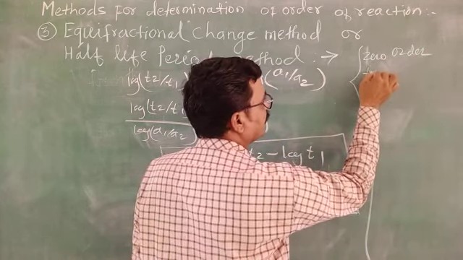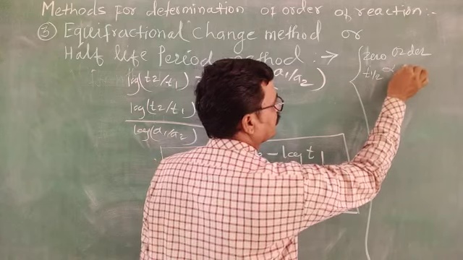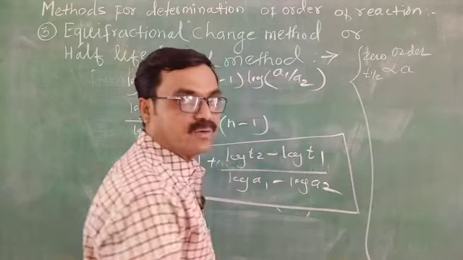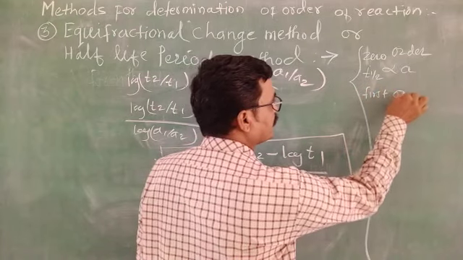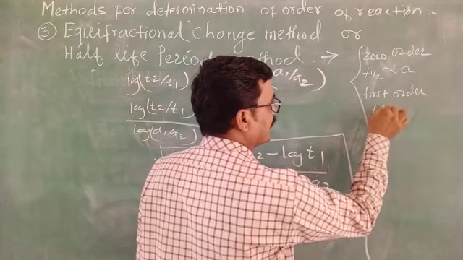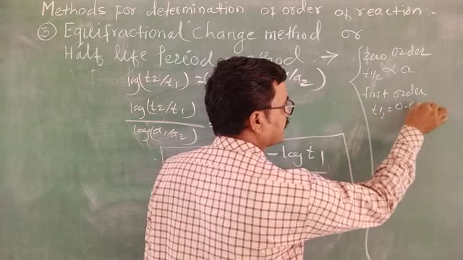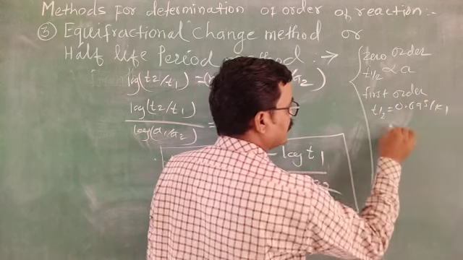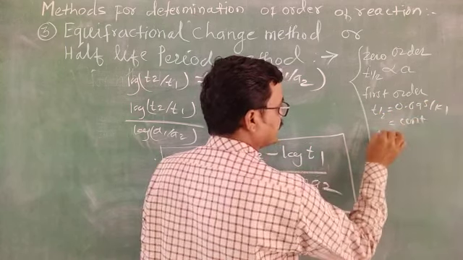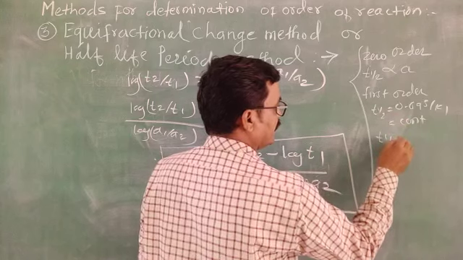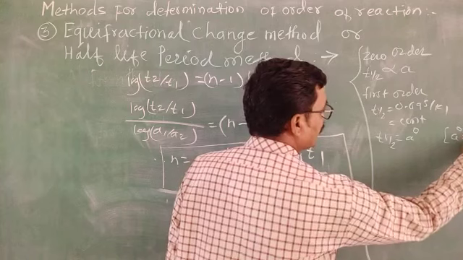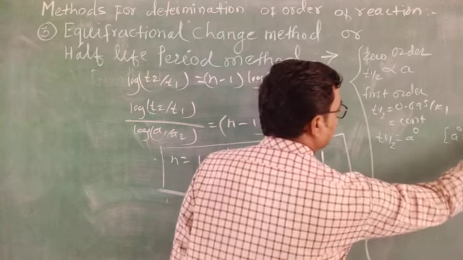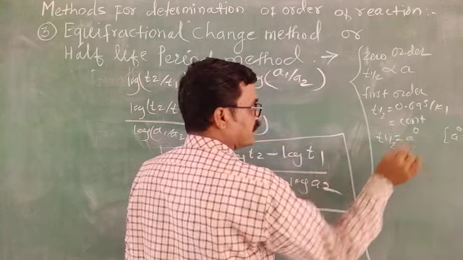T half is proportional to a. Okay, for first order T half is constant, that's why T half is equal to 0.693 upon K1. It will be constant and this can be written as T half is proportional to a raised to power 0, because a raised to power 0 is nothing but a constant.